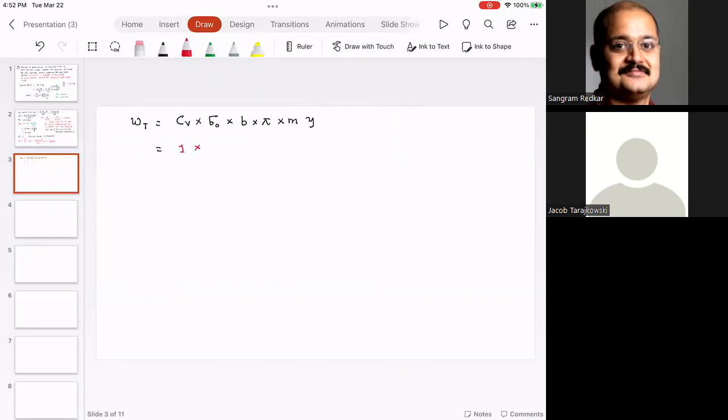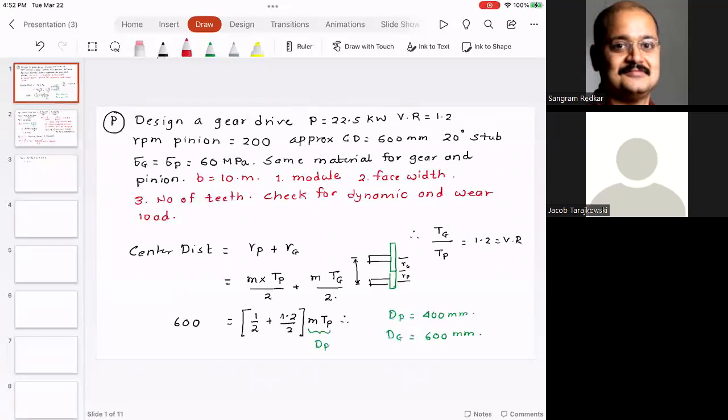In this particular case, we don't have to refer to the data sheet because the value of sigma O is given to us. In this problem, sigma G is equal to sigma P is equal to 60. This is nothing but the value of sigma O.